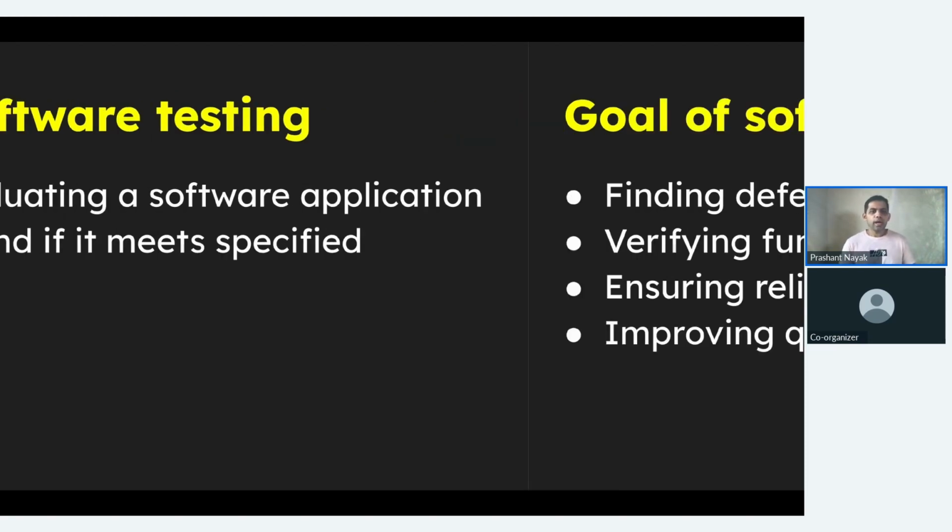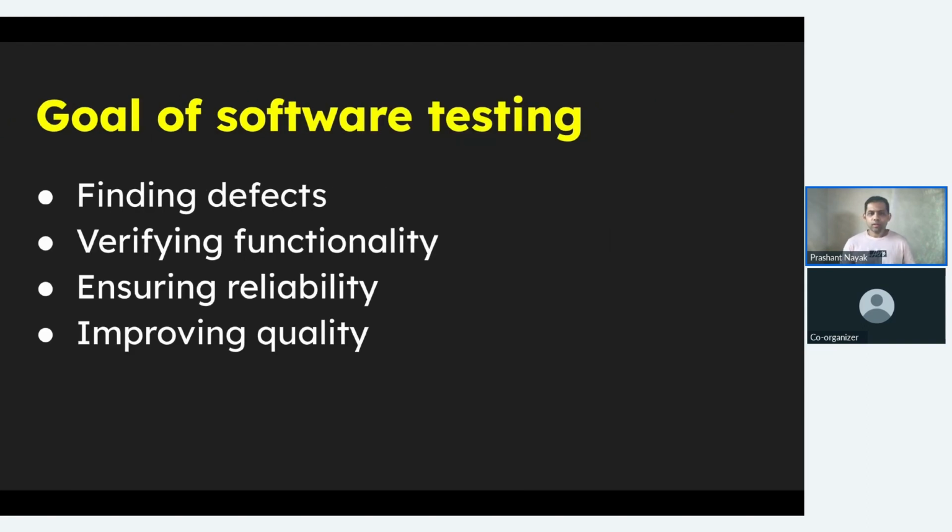About the goal of software testing: every task that we do has a specific goal. Without a goal, there is no point doing any task, be it software testing or development, anything. So for software testing also there are specific goals. The number one goal of software testing is finding defects.